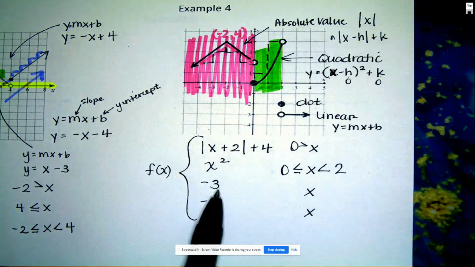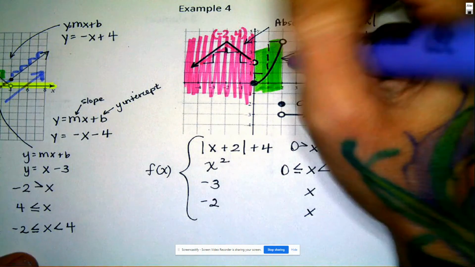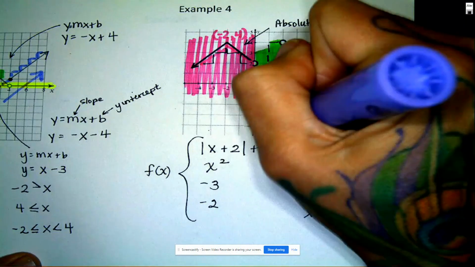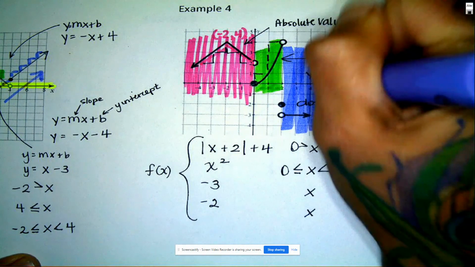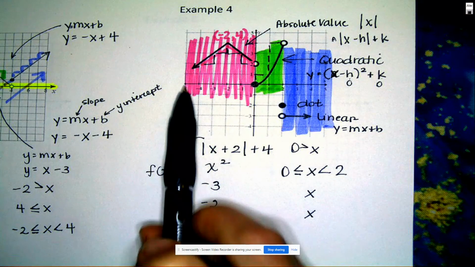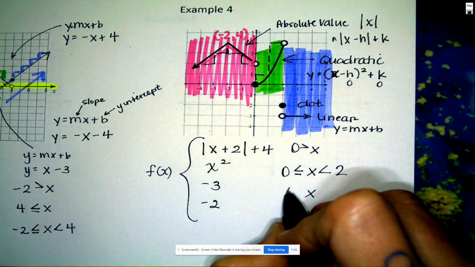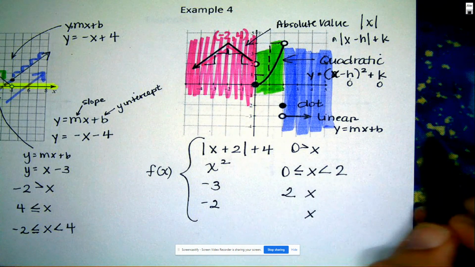Now for negative 3, this guy here, we'll come back to the dot because he's a special case. It looks like it has an arrow, so it's going to go on forever. It starts at 2. So again, remember, you're focusing on just the x-axis. It starts at 2. And it goes forever to all the values larger than 2.